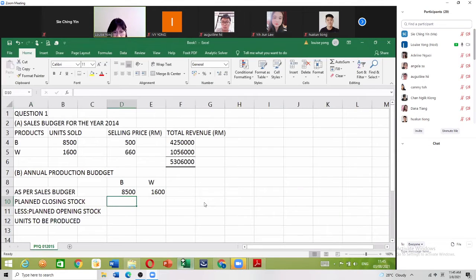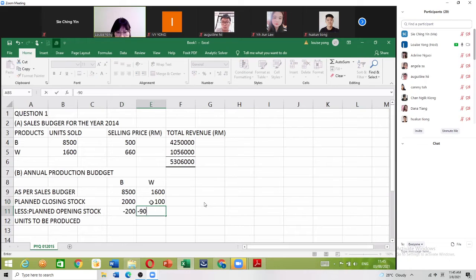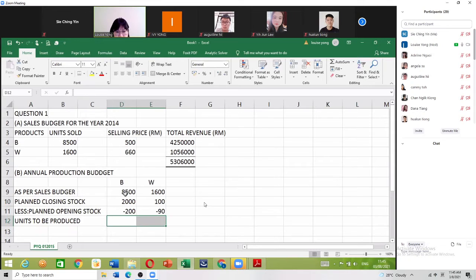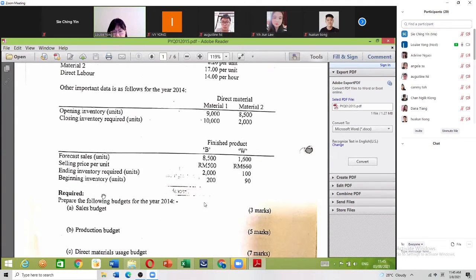So you put ending 2,000, less opening 200, for W ending 100, less opening 90. So 10,300 for B and 1,610 for W. This is the annual production budget. So see what they ask you for: sales budget, production budget.